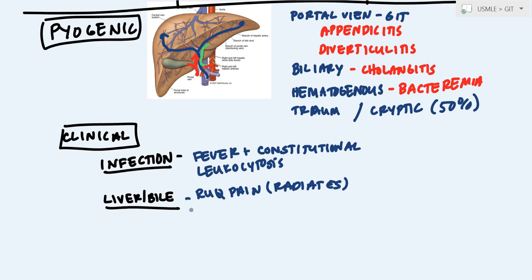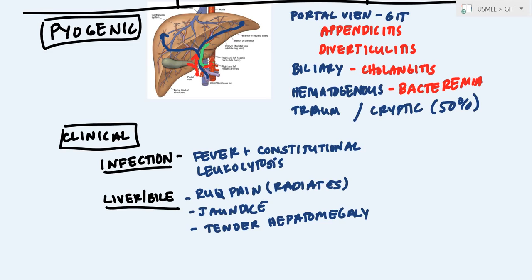You get some jaundice. And then you're going to get tender hepatomegaly. And these are going to be symptoms that we're going to find in all of them, whether it's pyogenic, amoebic, or hydatid, and then we'll focus on other, different symptoms and investigations, how you can differentiate them.